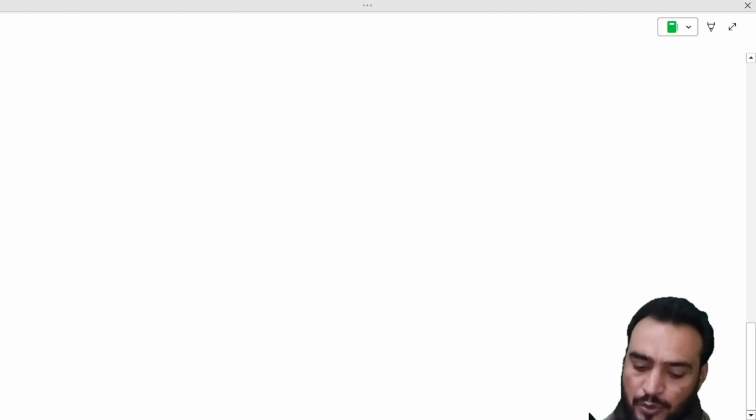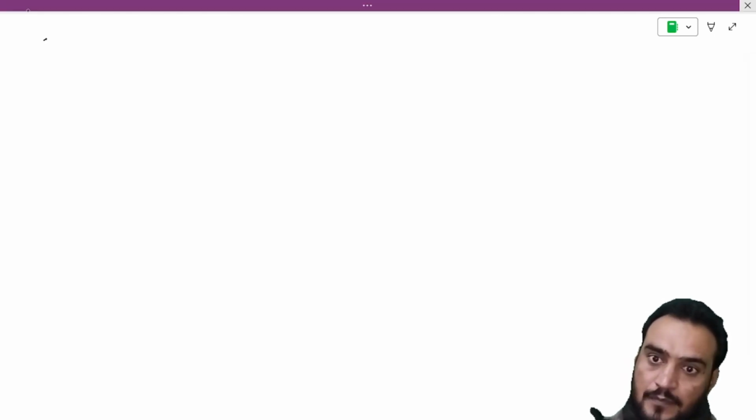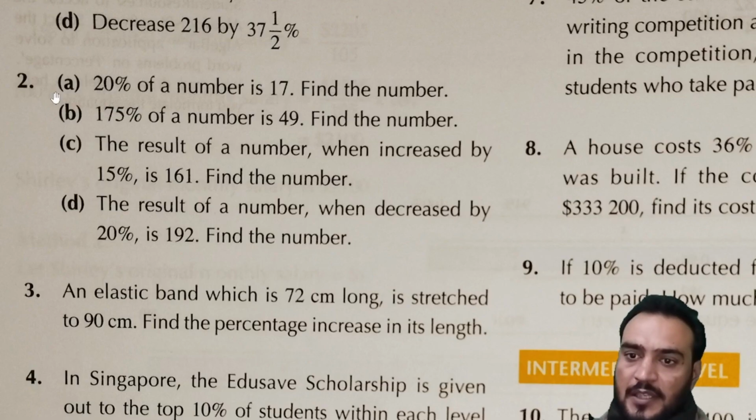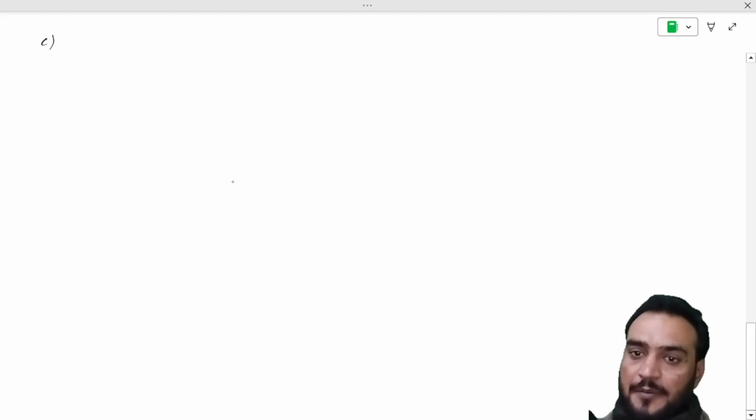Now let us move toward the part C. And the part C is this. The result of a number when increased by 15% is 161. There is a number whose result when it is increased by 15% is 161. Find the number.